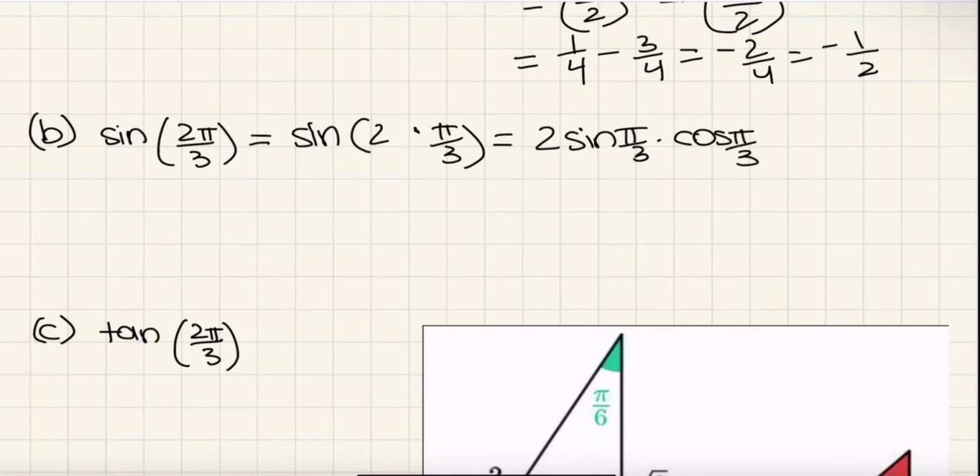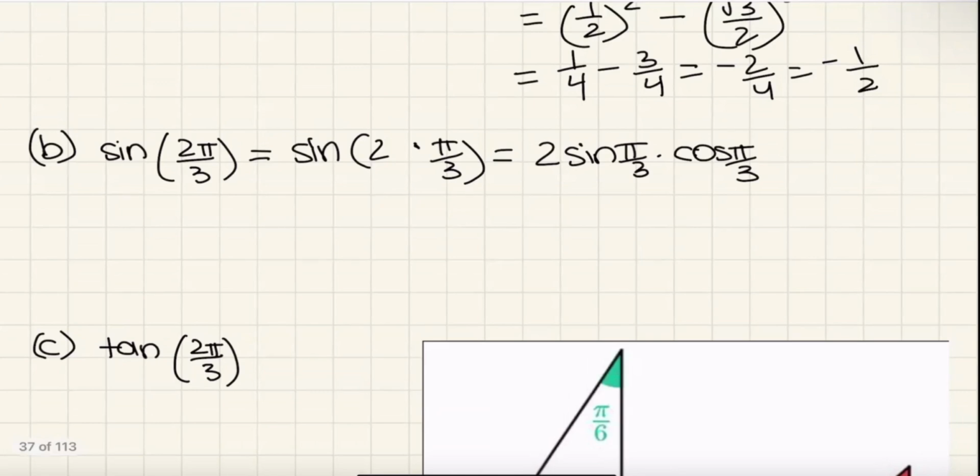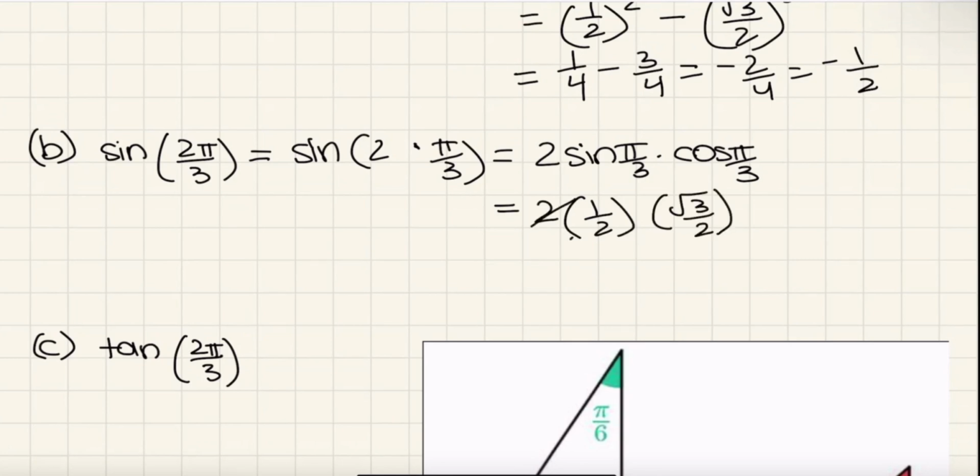And we already earlier figured out that sine of pi over 3 is root 3 over 2, and cosine pi over 3 is a half. So we can just sub those in again, 2 times a half times root 3 over 2. And these will just cancel, so therefore the answer is root 3 over 2.